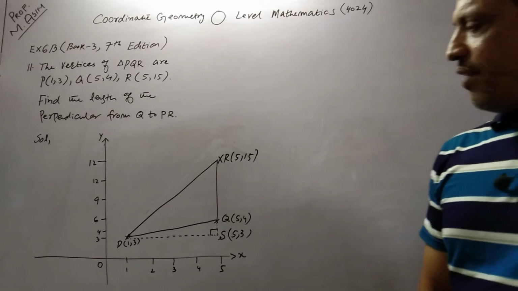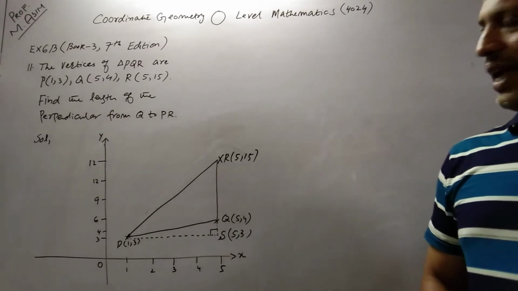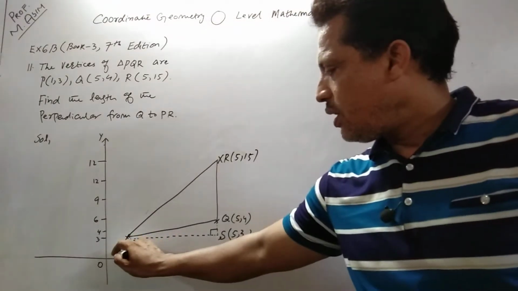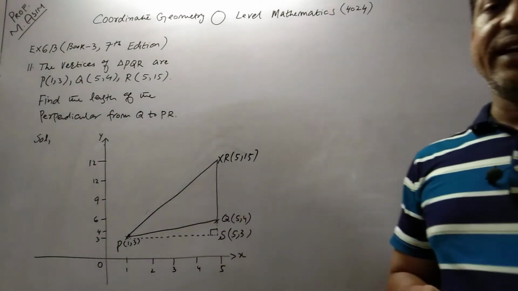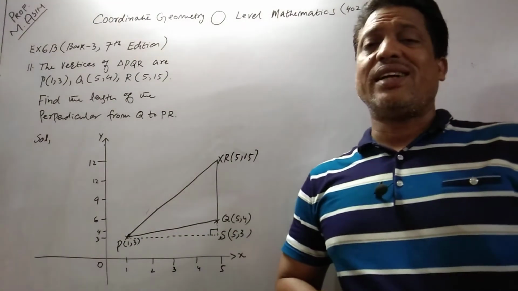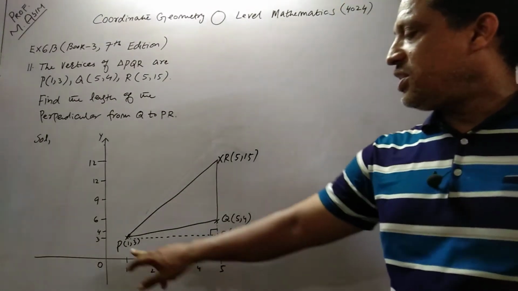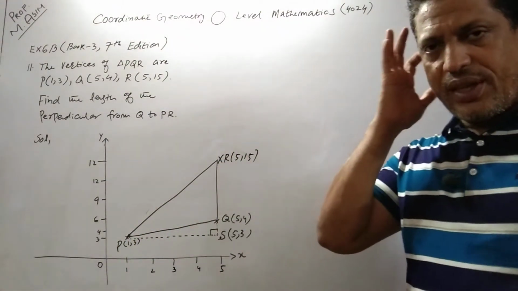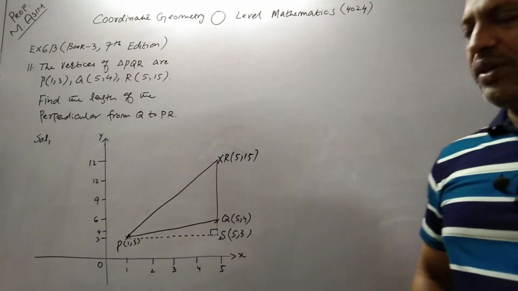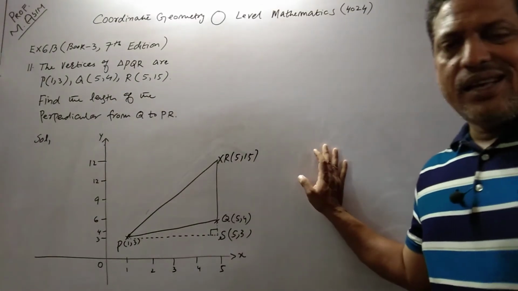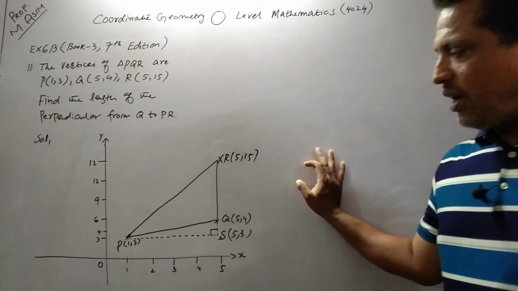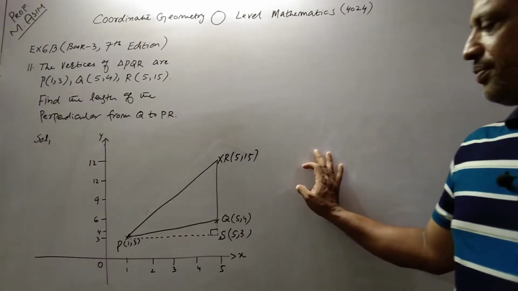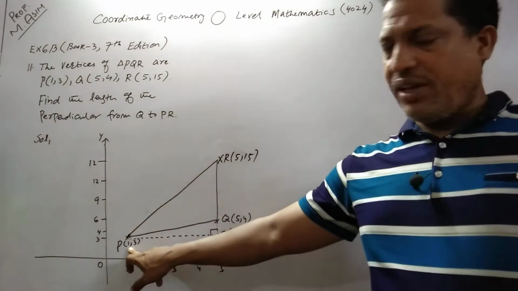Now we have to find the area of this triangle. This is a scalene triangle, which means all three sides are different. This is P(1, 3), this is Q(5, 4), and this is R(5, 15). So first we make this triangle a right angle triangle. How? See carefully. This is (1, 3).